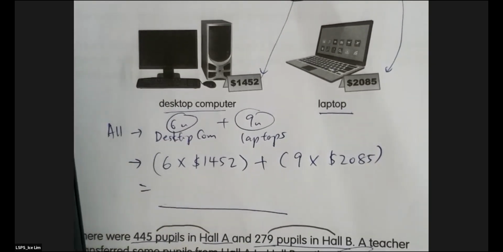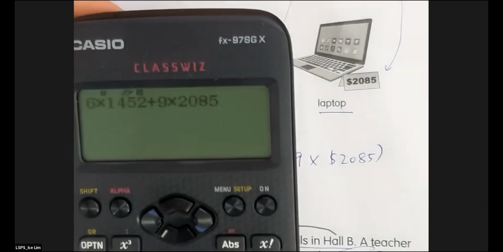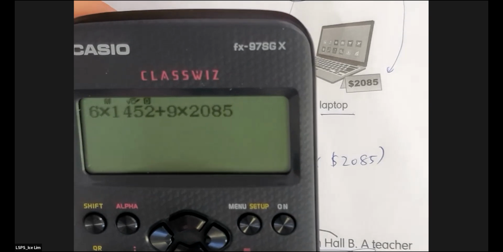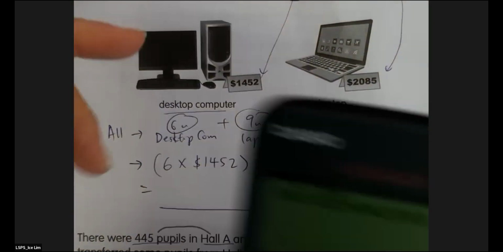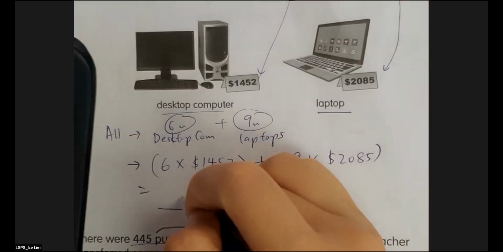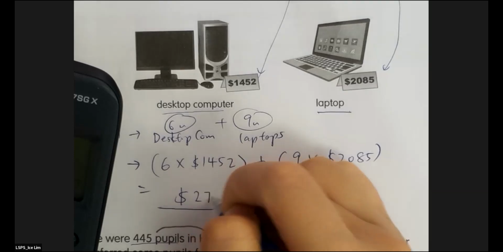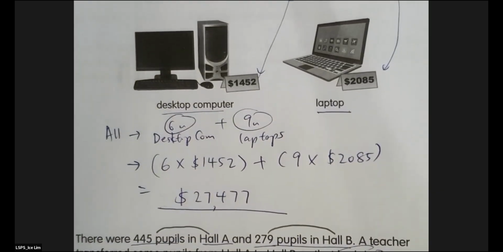Can anybody tell me why? I never put the brackets here, but I put the brackets here. Does it still work? The answer is, don't forget the units, 27,477. That's the answer.